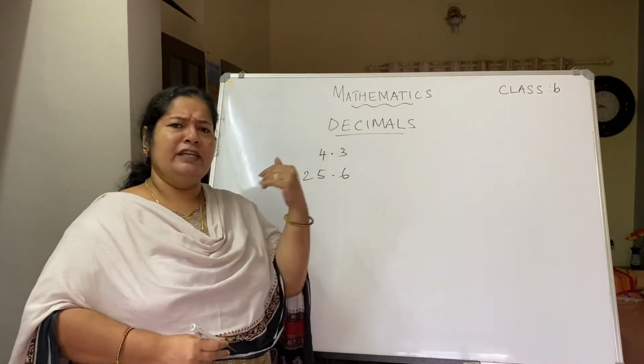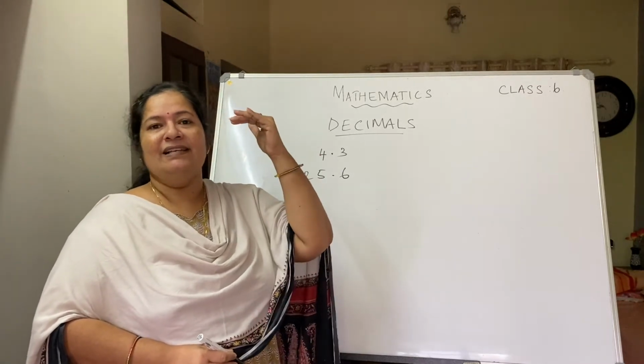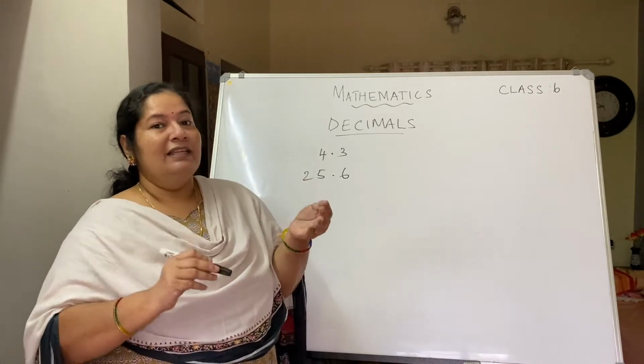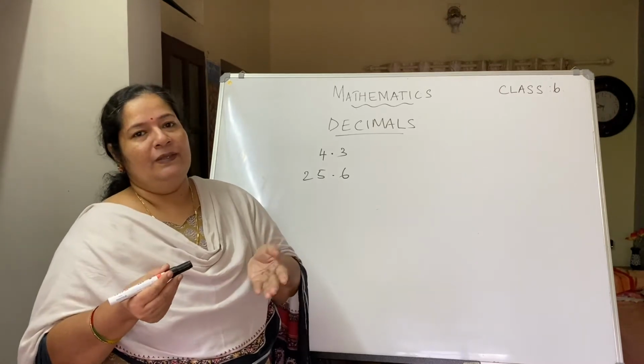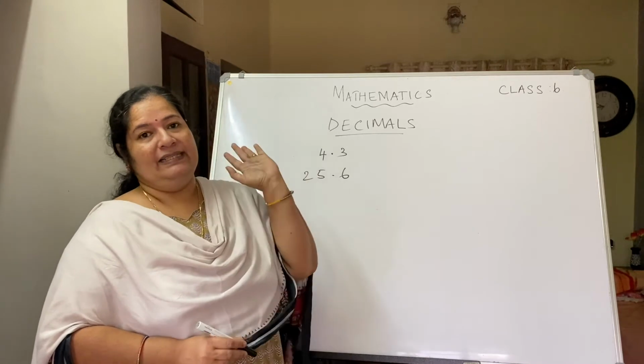So when you hear 25.6 or 4.3, it should come to your mind, yes, this is a decimal. It is not a whole, it is a part of the whole. So this is another way of representing part of a whole as a decimal.